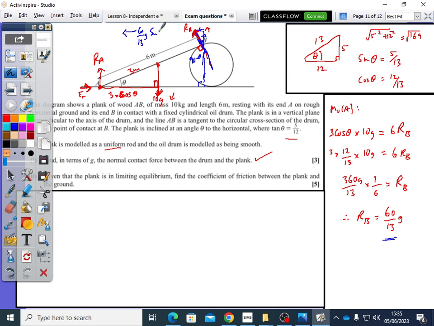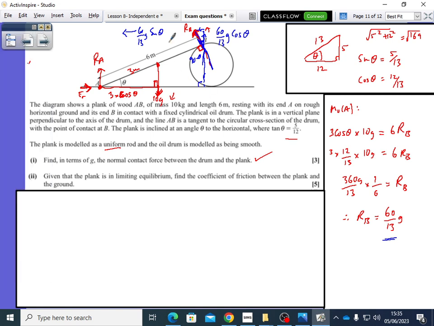And this one's pushing up, so this is adjacent, so that will be 60 over 13 g cos theta. Okay, so those are the forces, and that's going upwards. And then to the left, this is up, this is down, and friction is going there, to the right.